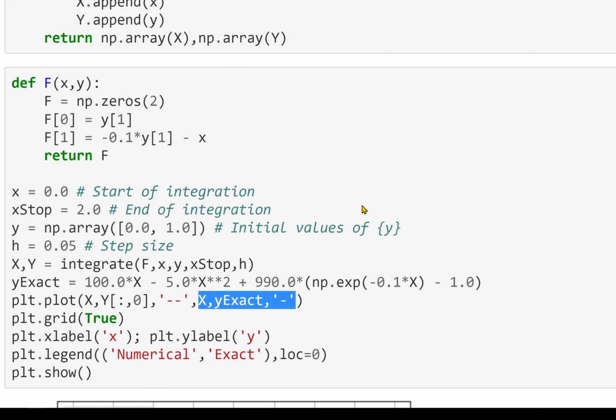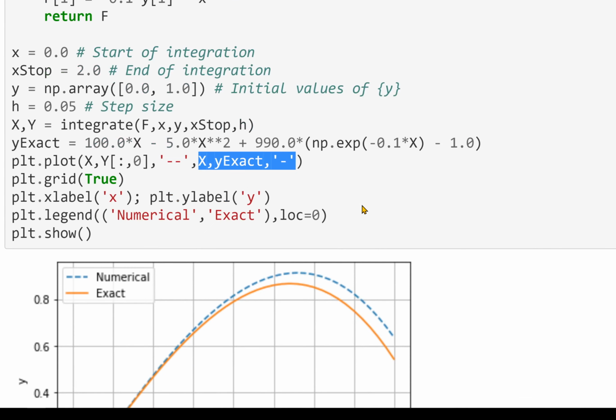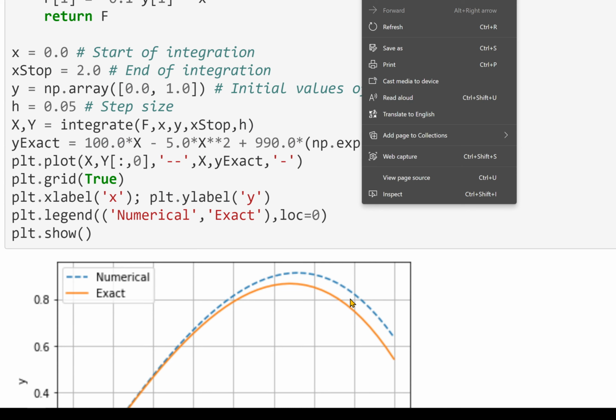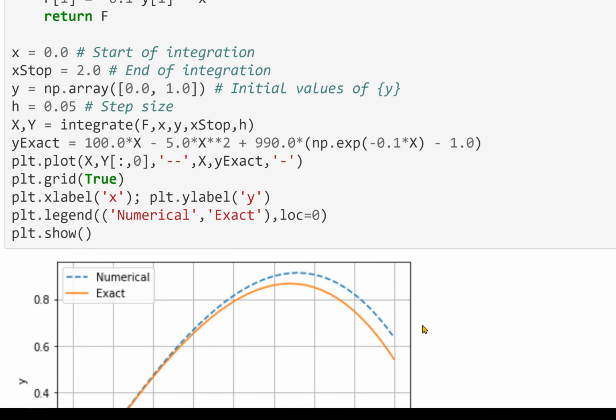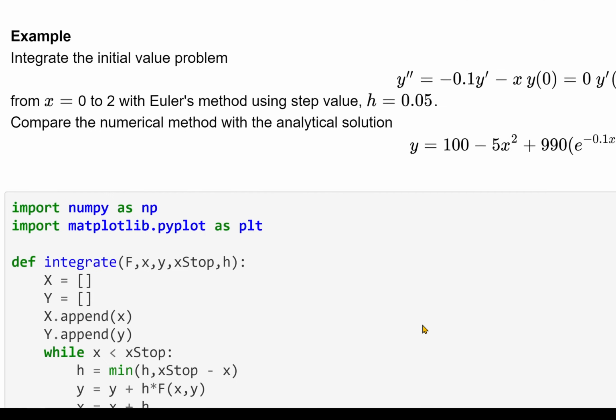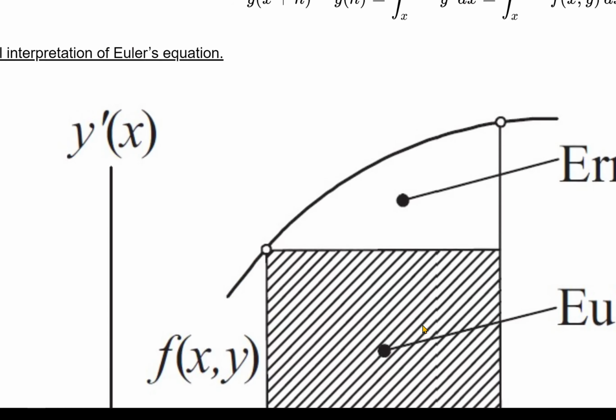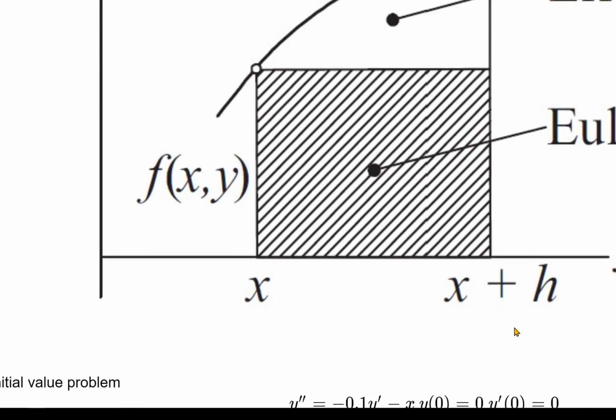Now, how can we address this error? Very simple, because in Euler's method we are governed by h.